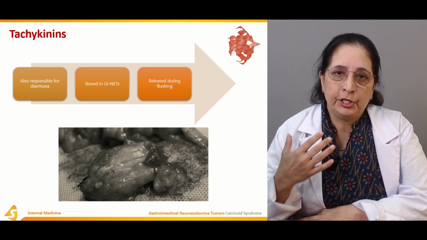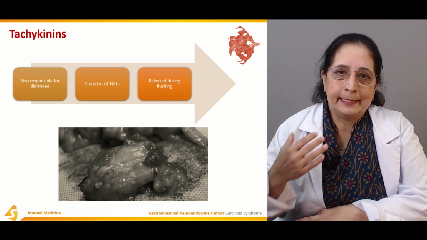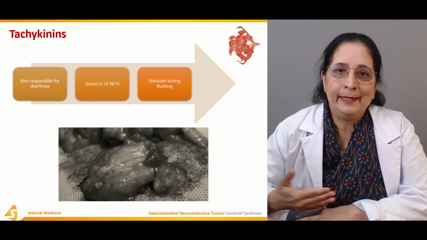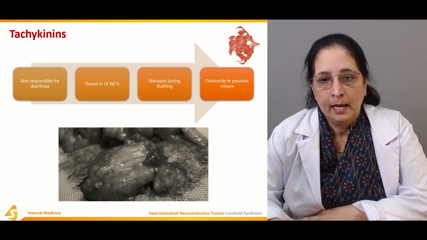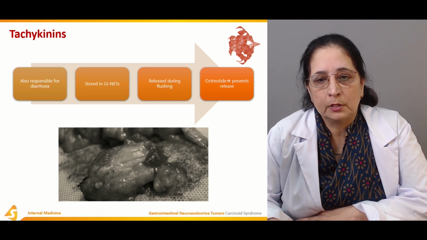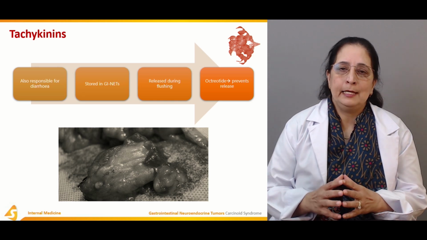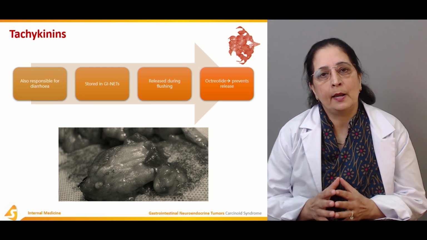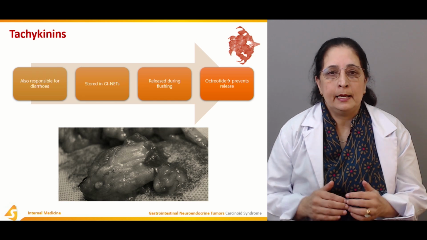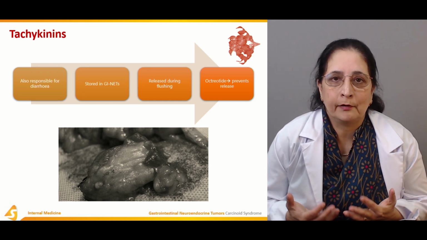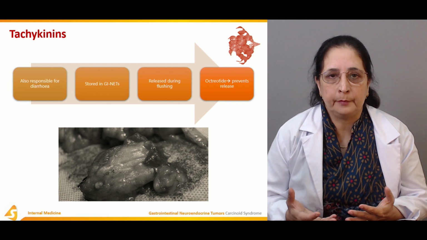Octreotide prevents the release. So if we need to prevent the release, it's by octreotide, and these tachykinins are released when flushing is present.